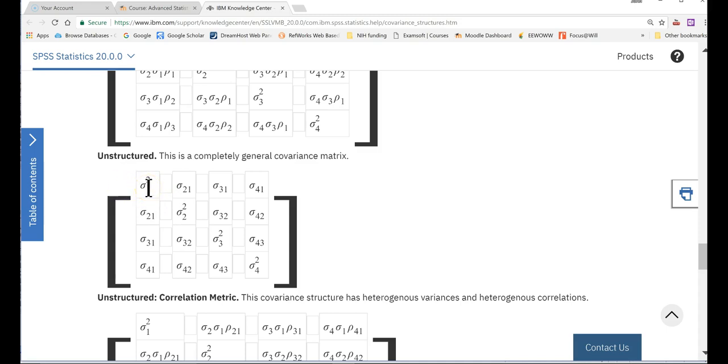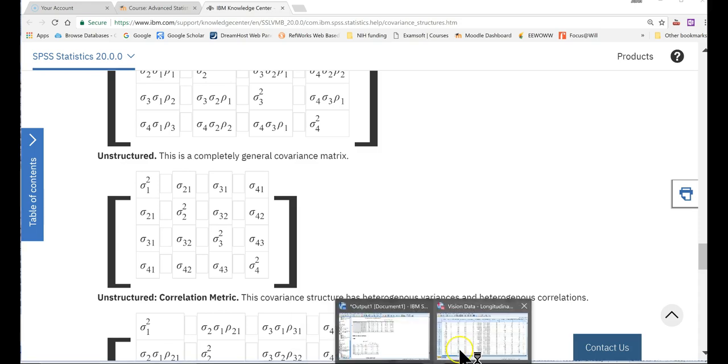So visit 1 variance, visit 2 variance, visit 3 variance, visit 4 variance, 5, 6, 7 are all different. The covariance of 1 and 2, 1 and 3, 1 and 4, all different. So we are measuring all these different variances. 1, 2, 3, 4 times 4 is 16. Let's try that and see where it gets us.